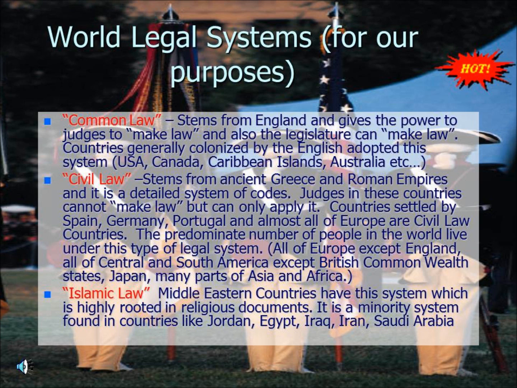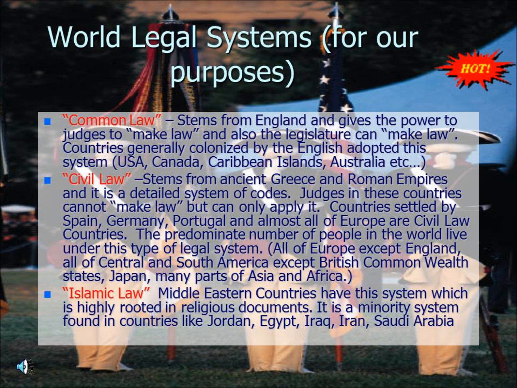Civil law is a system of codes, very detailed codes. I would say about 70% of the world's population, maybe a little higher, live under civil code systems. In civil code systems, the legislature makes the law.